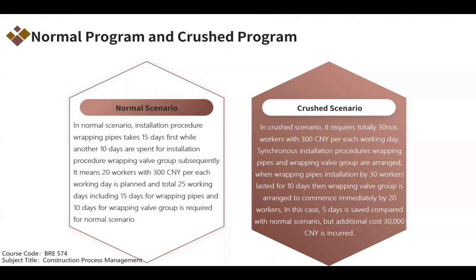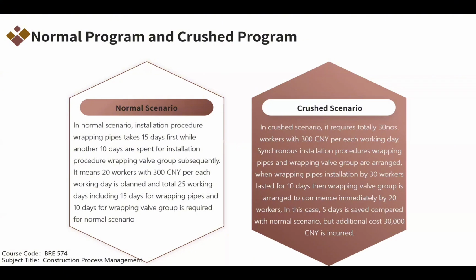Next, let me talk about the crash scenario. In the crash scenario, it requires a total of 30 workers at 300 CNY per working day. Synchronous installation procedures, wrapping pipes and wrapping the valve group, are arranged together in some period.